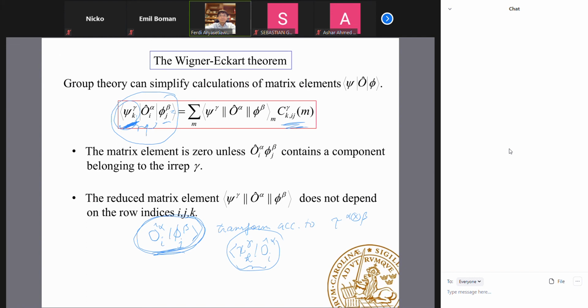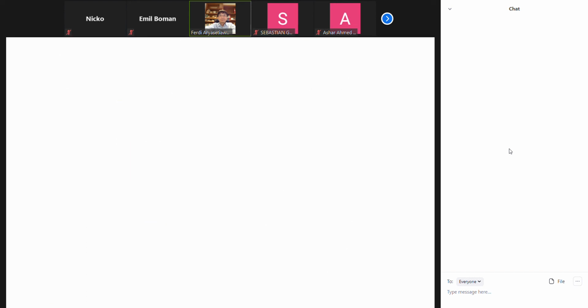So let's show that this state here transforms according to the product representation. It's difficult to do, so I have it in the notes. Let's take a particular symmetry element operation, and I call this phi ij.